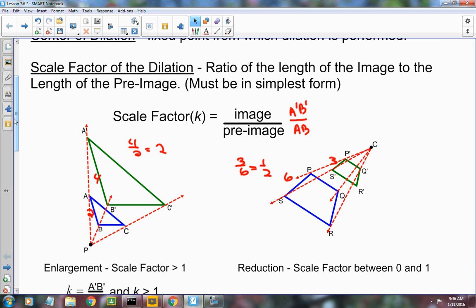And what's the image in real words? The result, right? And the pre-image is the original. Okay, good. All right, in order to be an enlargement, the scale factor has to be greater than 1, and to be a reduction, it has to be between 0 and 1, like a fractional percentage. Okay. All right, any questions?